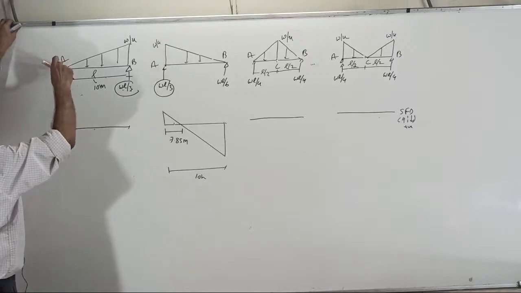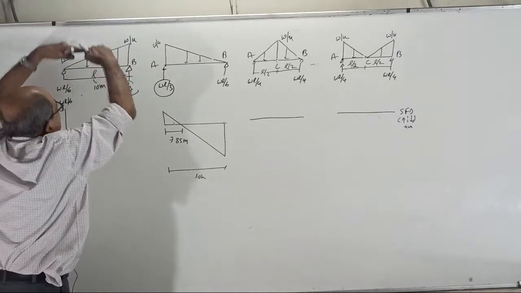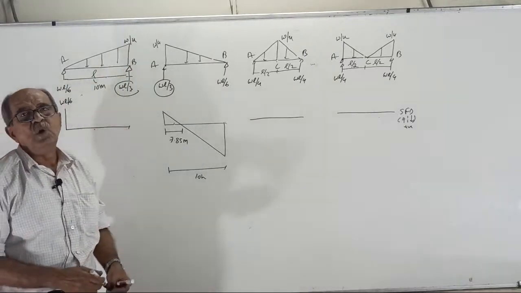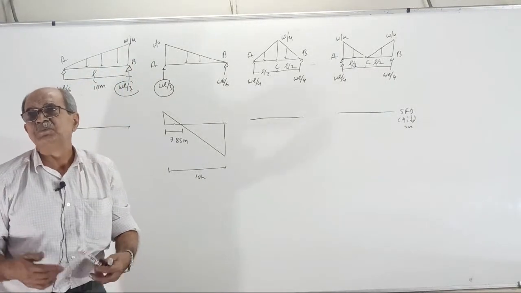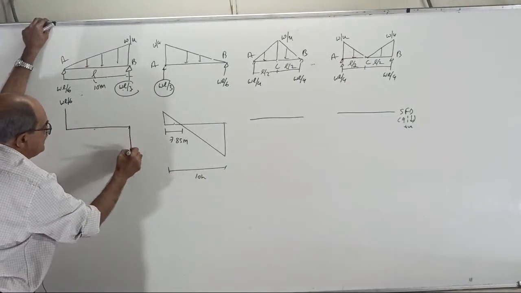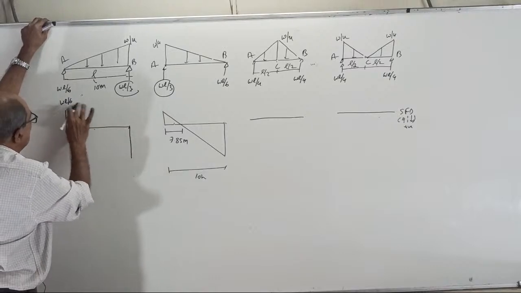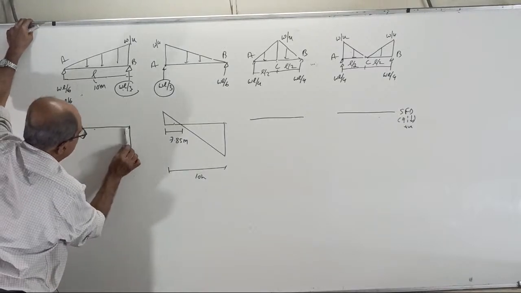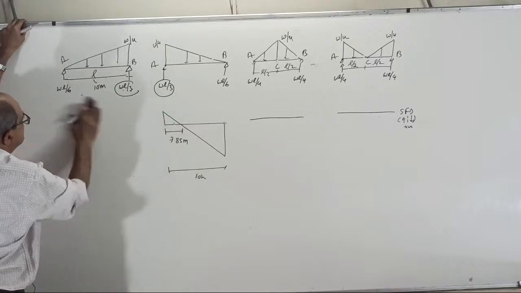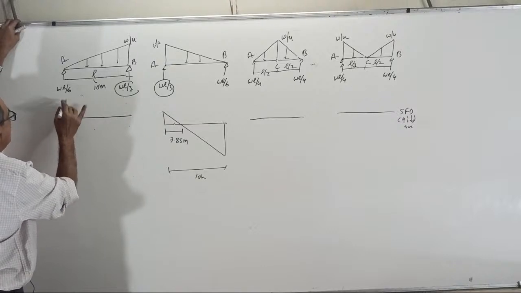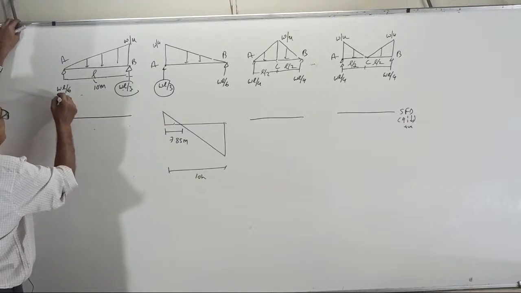From here to here, come down by half into L into W, which is WL by 2. 1 by 6 minus 1 by 2 is 1 by 3 negative. So here, WL by 3 below. I cannot explain why again; it was covered earlier. See, this is WL by 6. One minute, I will make more space, some scale.